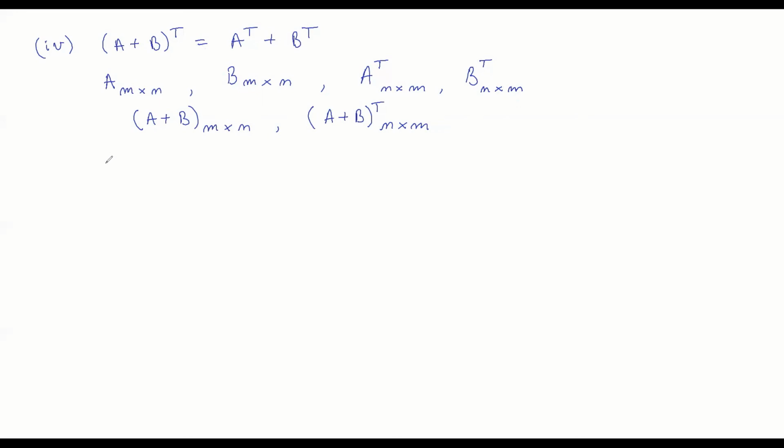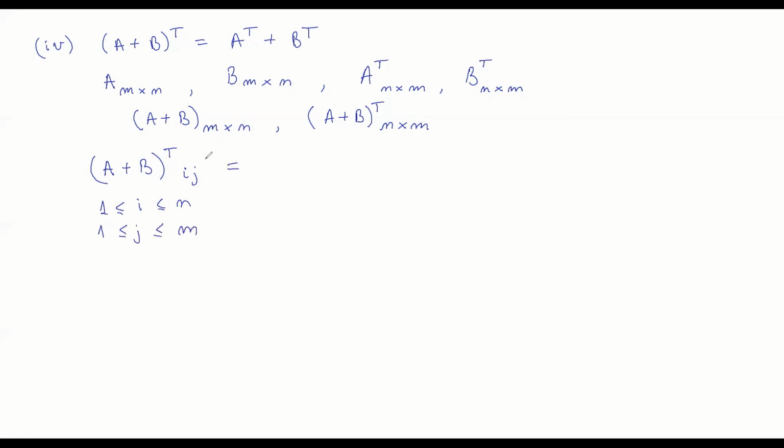And we can establish this in a very easy way. We just take the matrix on the left-hand side, and we think about what could be the ij entry of this matrix. And (A plus B) transpose is a matrix of this type, so i is from 1 to N, and j is from 1 to M.